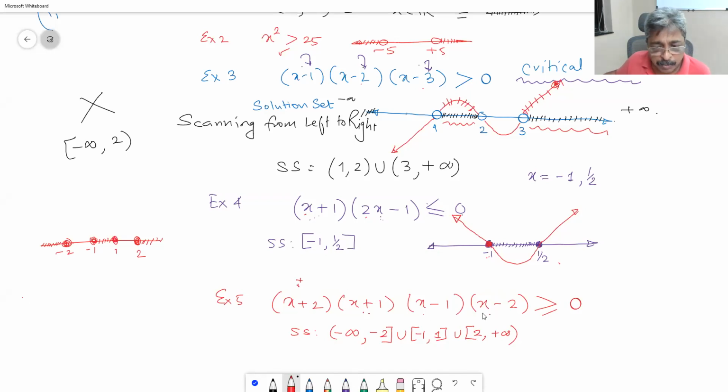The leading coefficient is positive, therefore it starts from plus infinity, enters, cuts here, goes here like this. This is the wavy curve. This is how the function will behave. And you are supposed to take all values of x which will give you all values of y above the x-axis. And therefore these are the values of x.